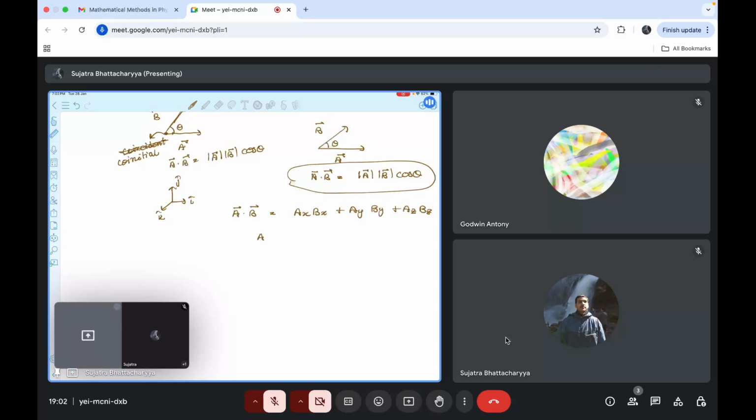Also, if A dot B is equal to 0, then theta is actually 90 degrees. Correct? Because this is what is coming from that. All right, so these are important things.